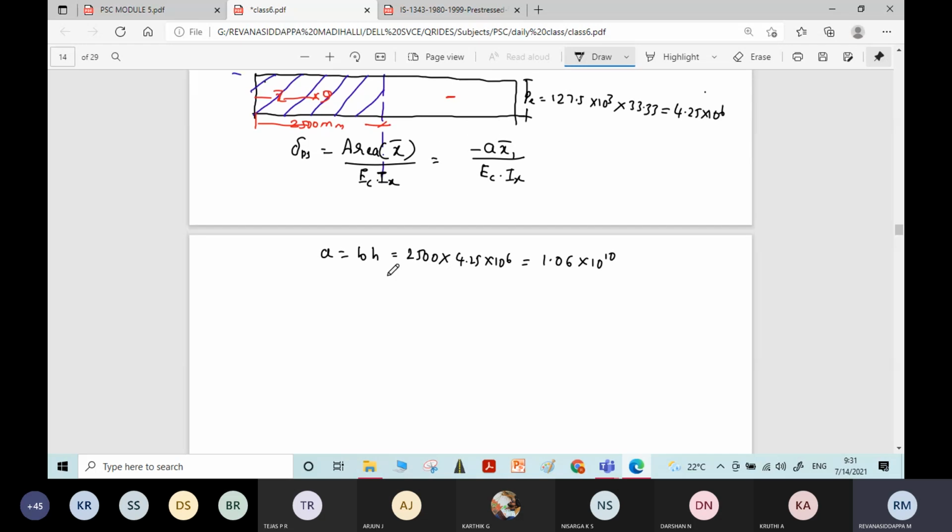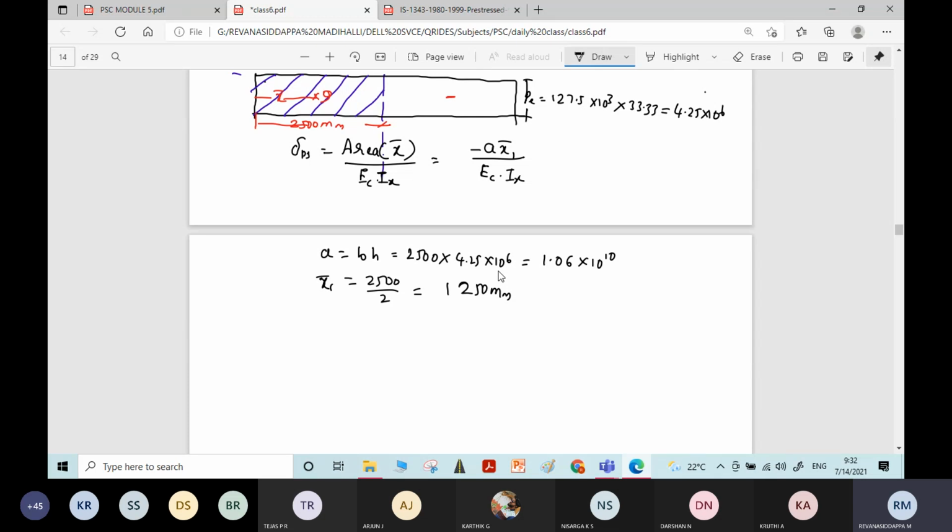Then x1 bar is equal to 2500 divided by 2. Sorry, 1250 mm. Then what else is required?